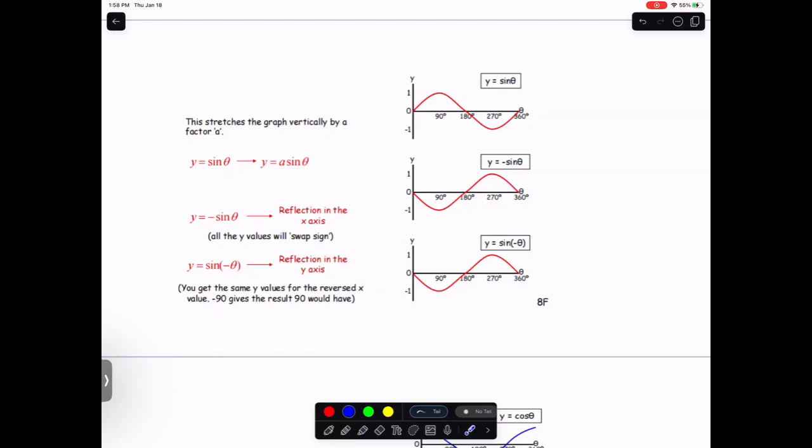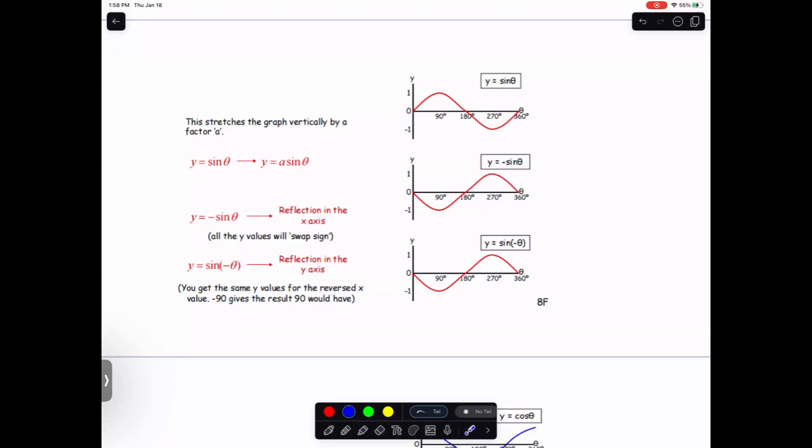Then also we have transforming the graph of y equals minus sine theta. So we have our sine graph here. We want to transform it by minus sine theta. If we have minus sine 90 degrees, that will give us minus 1. So you see that our 90 degrees point is on minus 1 here. Same thing for sine of 270.